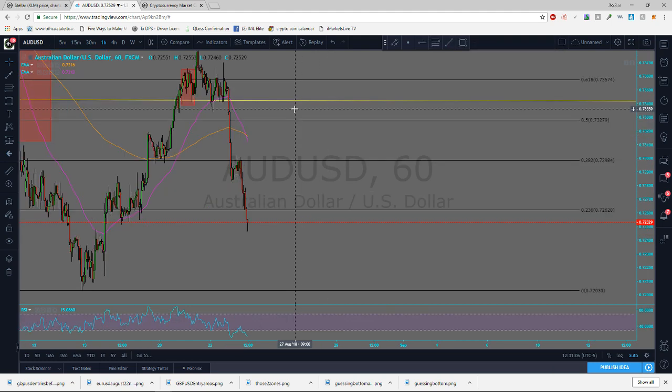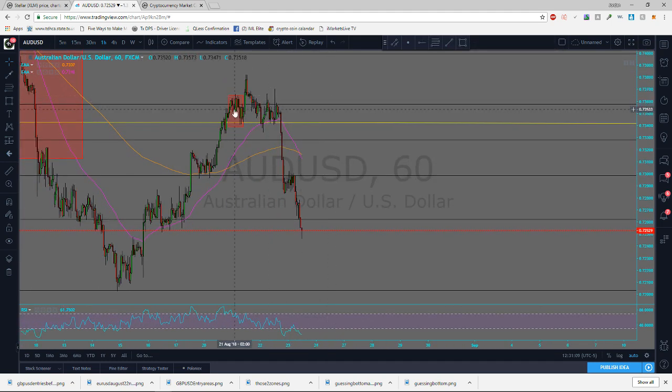As we can see, right here we got a little reaction, because remember, AUD/USD moves slow, so these are semi-big moves for this pair.